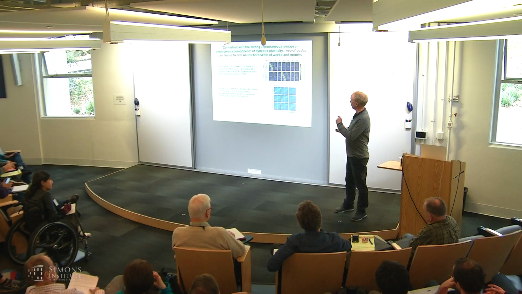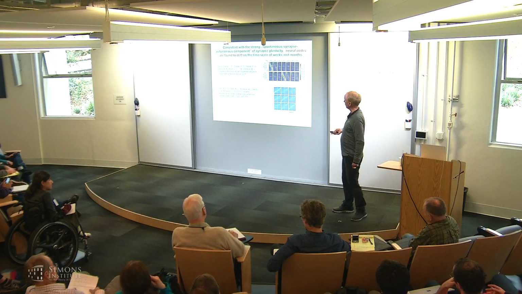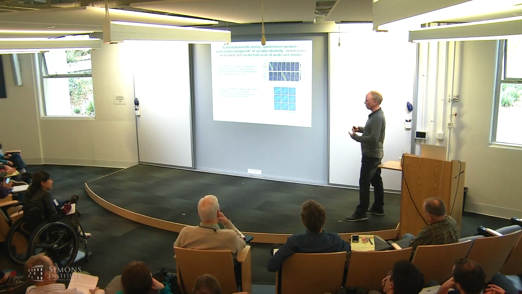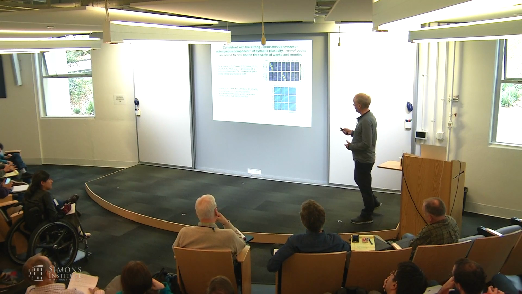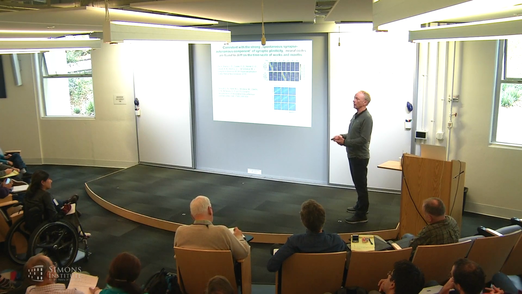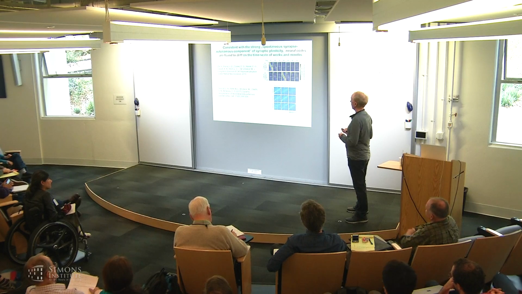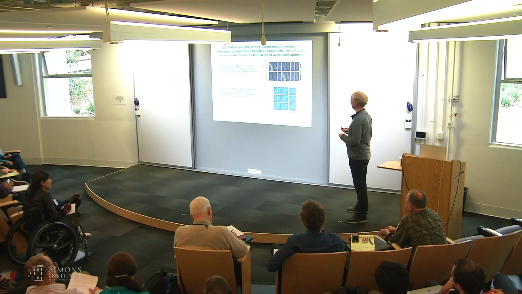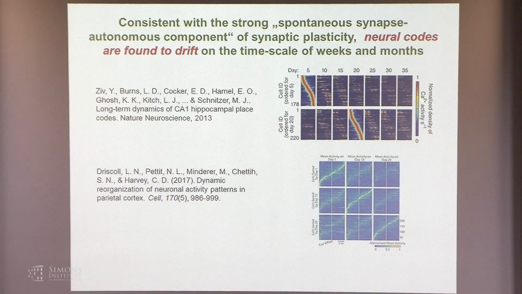Let me also move on here to something else, which I think is for those of you who love neural coding as a firm foundation for neural computation. I think all the measurements which have really tried to track neural codes over a longer time span, apparently the Schnitzer lab at Stanford was the first one, found that they drift on the time scale of days to weeks.